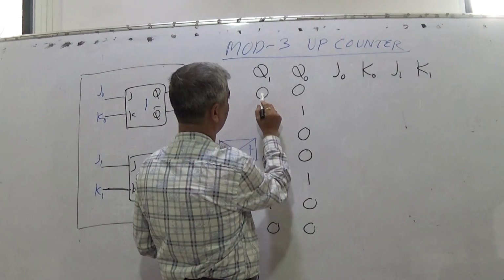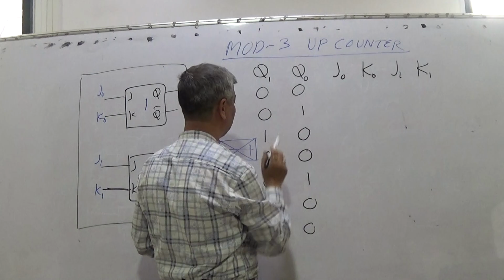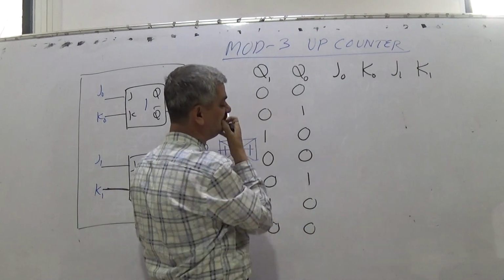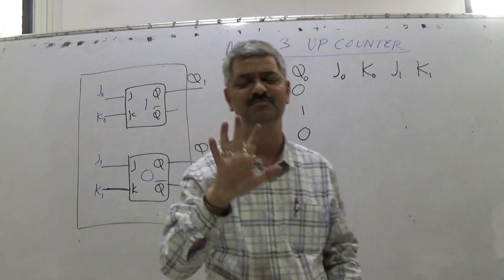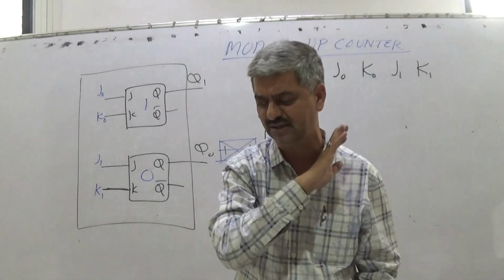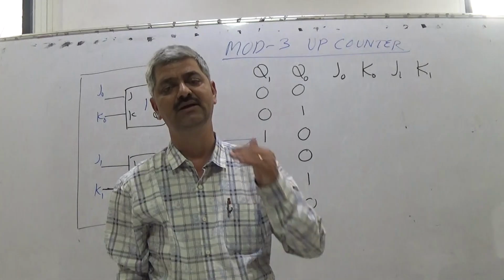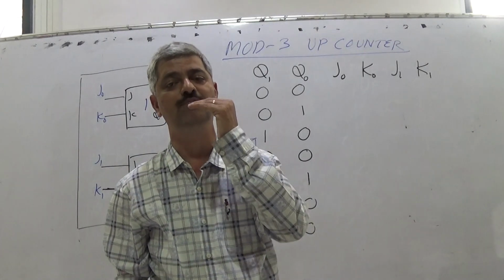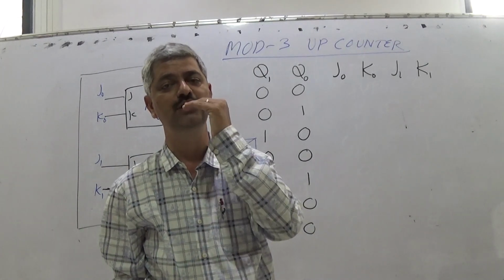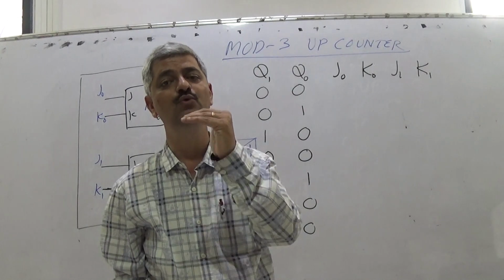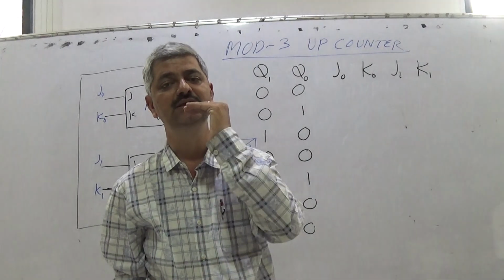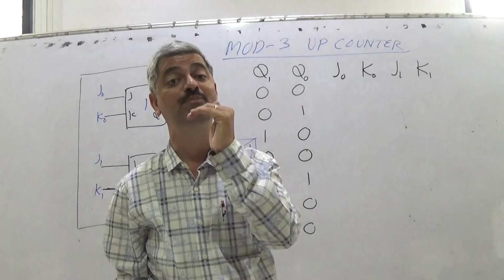So the current state, whatever it may be, this is the first principle of designing a counter. Based on this, you can design any counter. The current output state of the counter should be used to determine the inputs of all flip-flops.